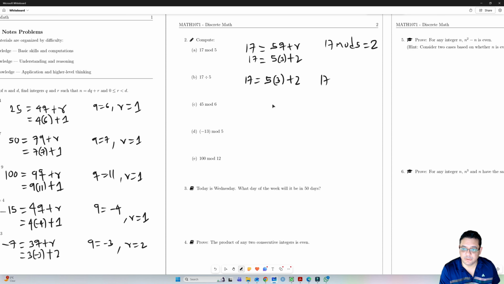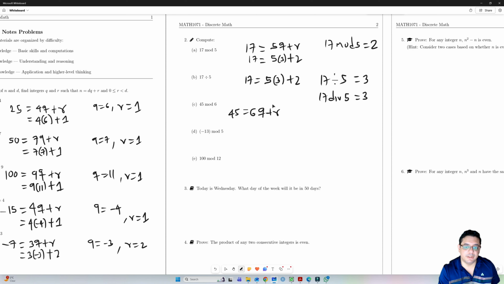But because we're using the div, 17 div 5 is going to give me this value here, the 3, the q of the value. Now we do the same here for 45 mod 6. 45 can be represented in terms of 6, so 6q plus r.